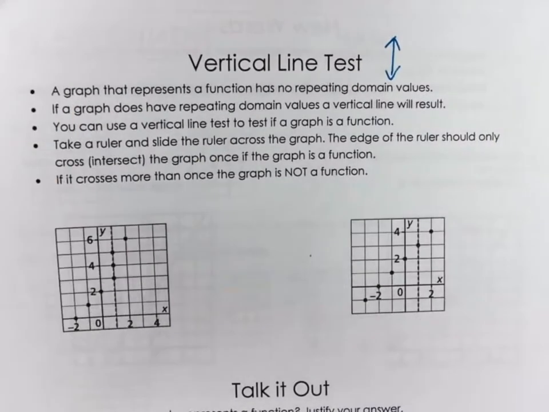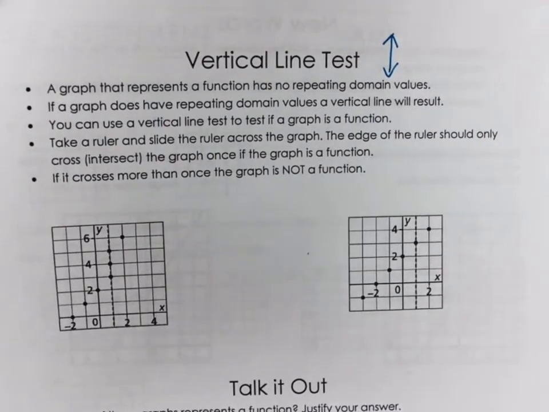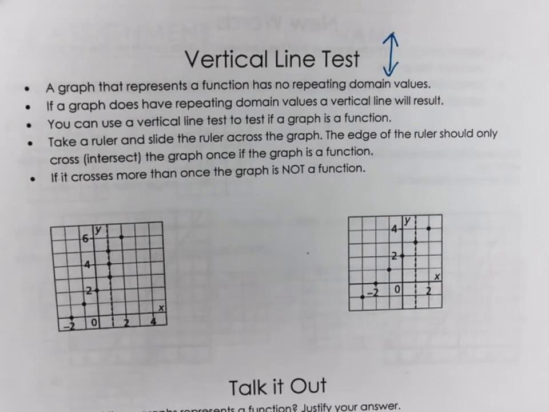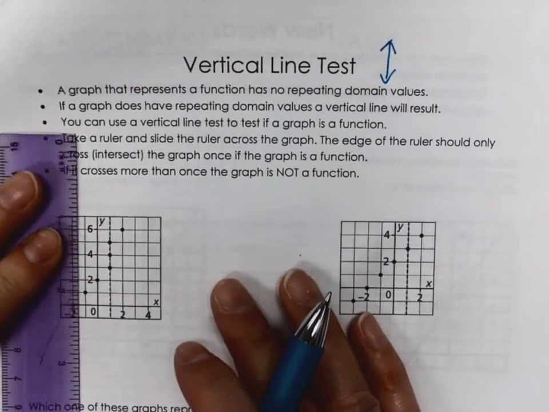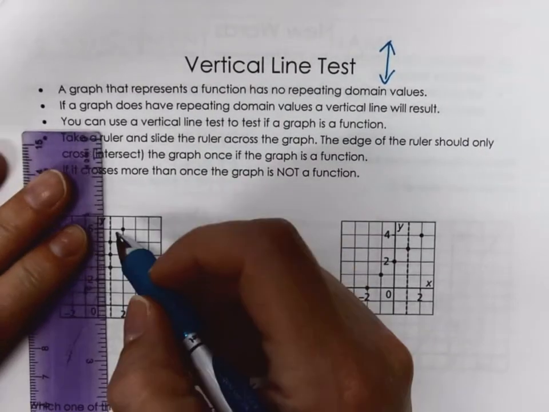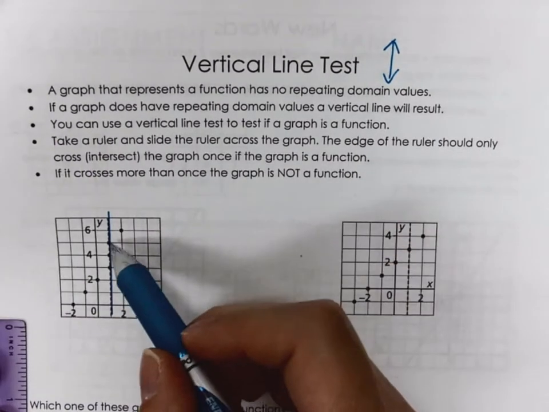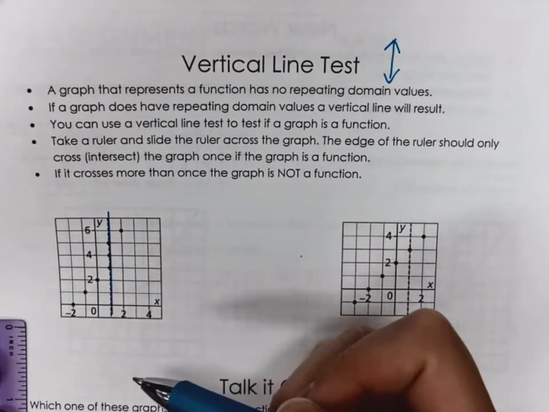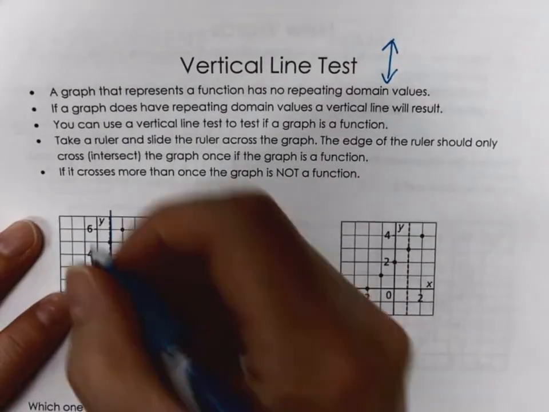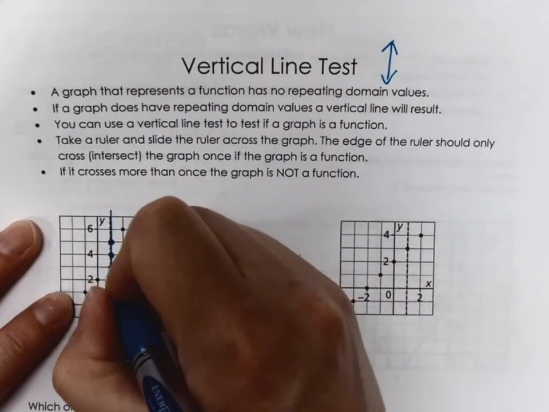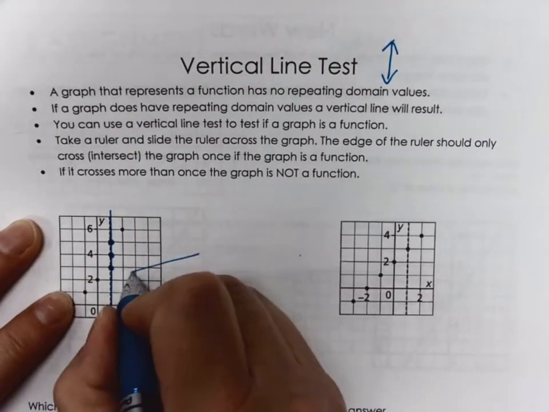Vertical is up, down. So when you have the graph of a function, if you have a spot on your graph anywhere, and you have to check multiple places, see how this one has, if I put a vertical line over this, does this hit the vertical line more than once? Yes, I have 3 dots on it. I have a dot here, a dot here, and a dot here.